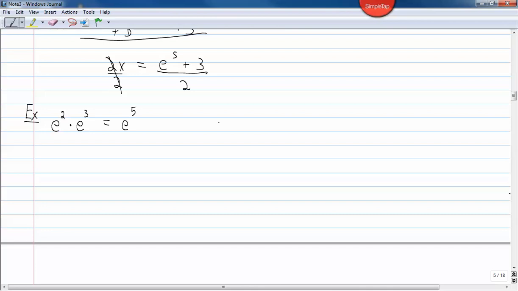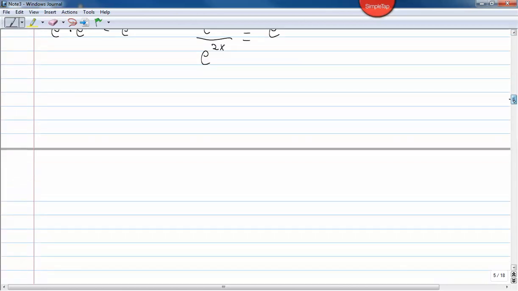Alright, if for some reason or another you ever have, say, e to the 5x over e to the 2x, treat it just like you would if this was x to the fifth over x to the second. Subtract the powers. So that's equal to e to the 3x. So as long as the base is the same, if you have a quotient like that, top power minus bottom power.